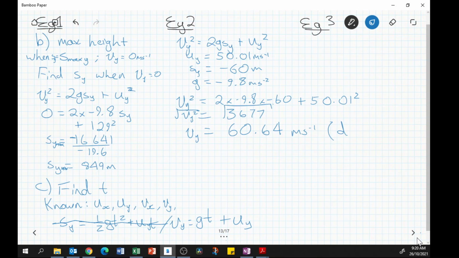And let's establish that that is a final velocity. It is down. This is a V, not a U. It's our final velocity. It is down, which we could now say is negative 60, based off our system that we've established.